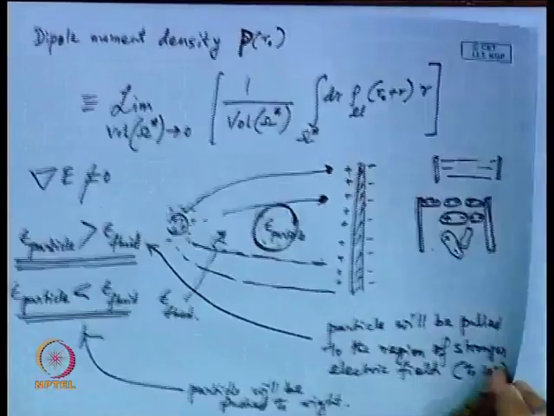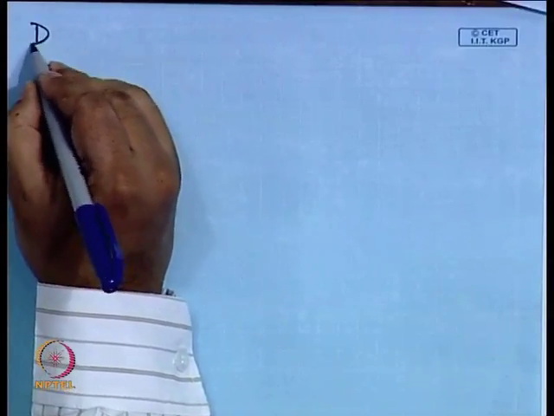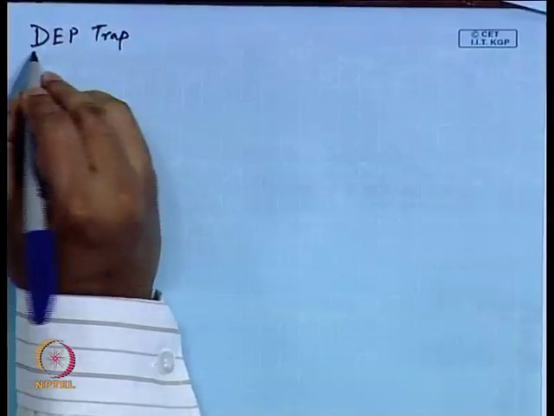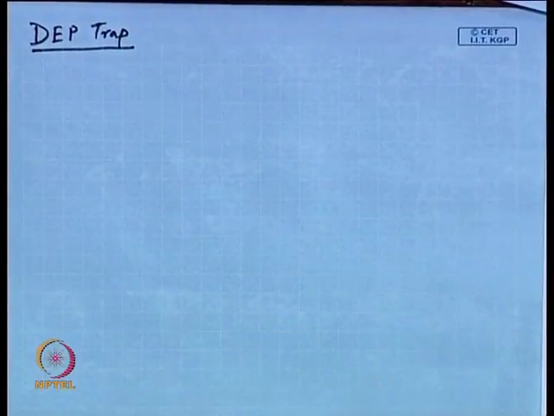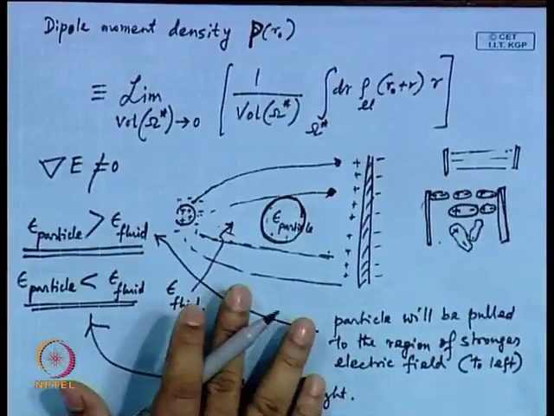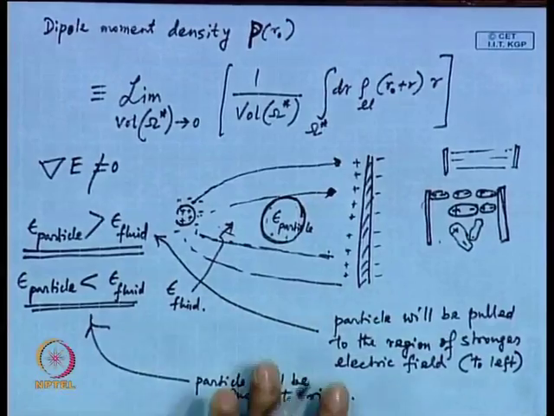Now, the very common way of utilizing this process is something called a DEP trap. DEP trap means you have a situation like this where the fluid is flowing.